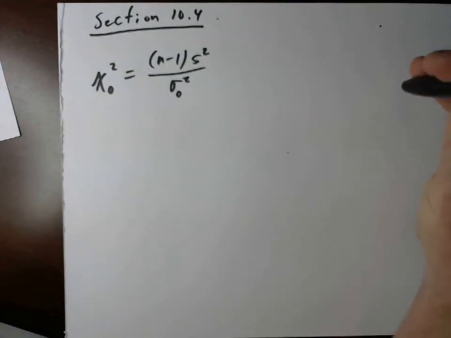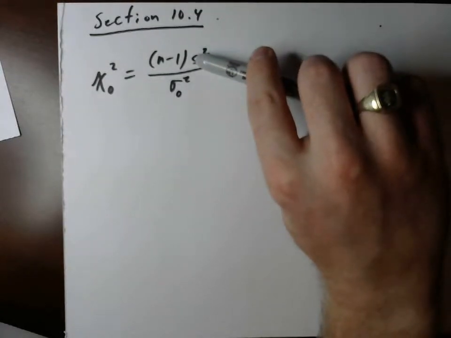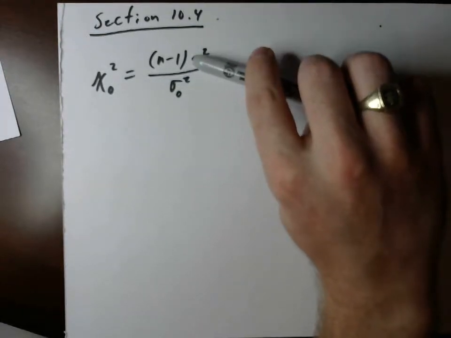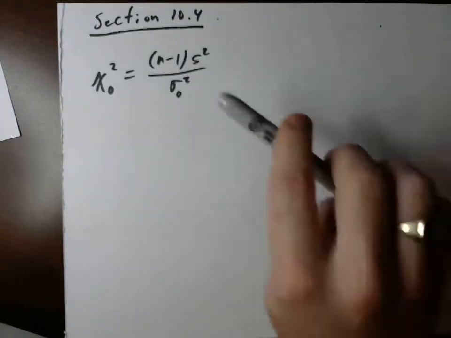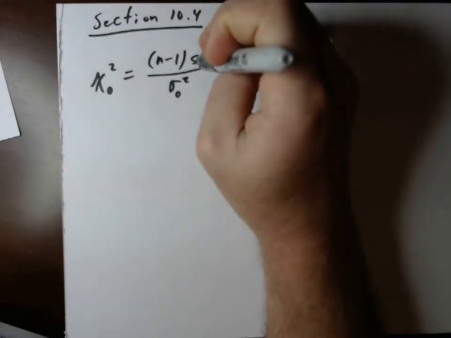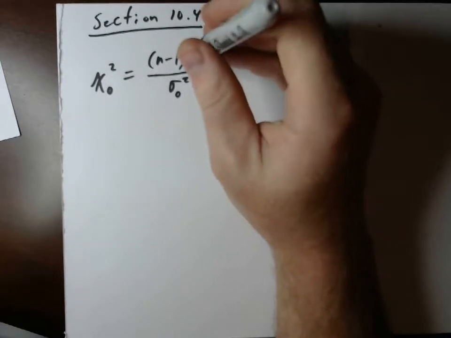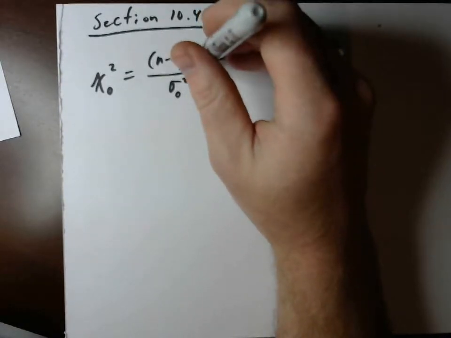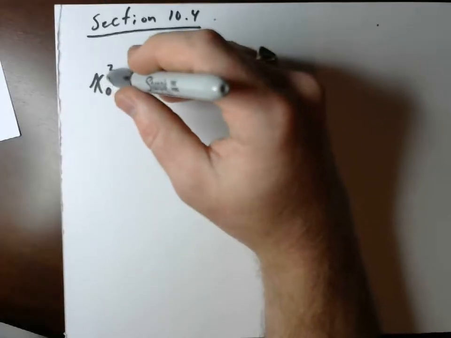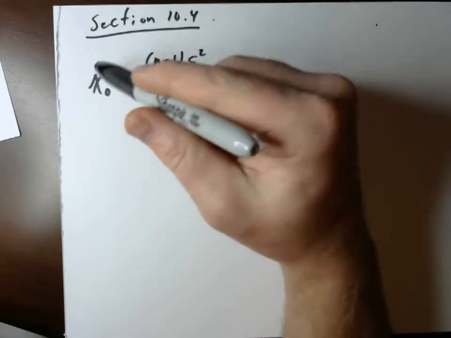It all depends on if we're doing a left tail, right tail, or two-tail test. If this is larger than the claimed value, then we would expect this to be significant. So if we're doing a right tail test, and we have a sample standard deviation that is significantly large, like in the rejection region, we would expect chi-squared to be significantly large. Hopefully that makes sense.